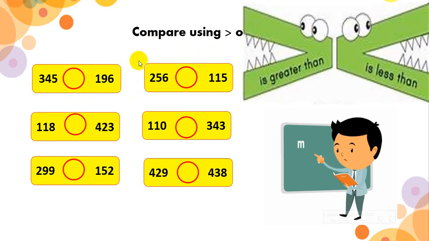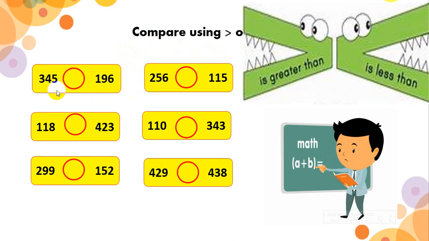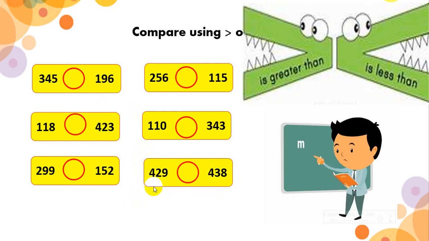As I told you, you should look at the hundreds places and compare the hundreds places first. In case you have the same value in the hundreds places, you can move and compare the tens.